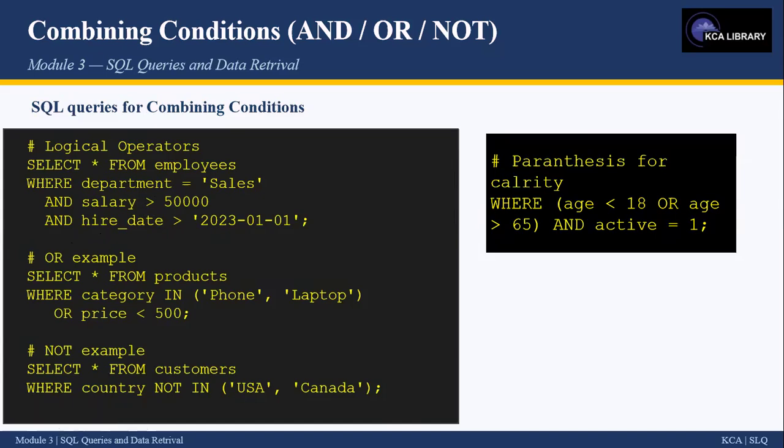Then to use OR as a combination example, you SELECT * FROM products WHERE category IN ('phone', 'laptop') OR price < 500. Then for NOT, SELECT * FROM customers WHERE country NOT IN ('USA', 'Canada').